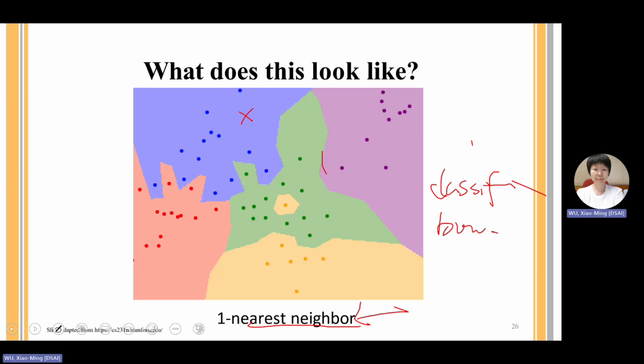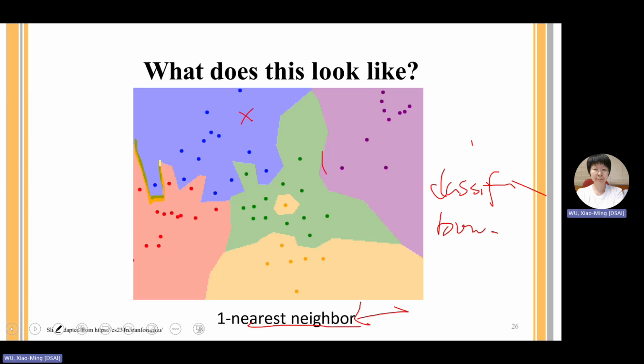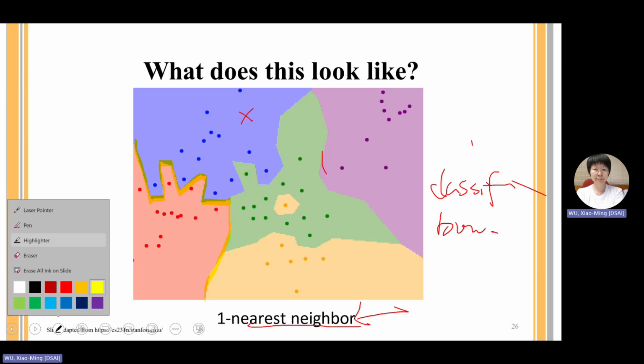Are those boundaries smooth? Apparently, no. You can see this boundary is not smooth.